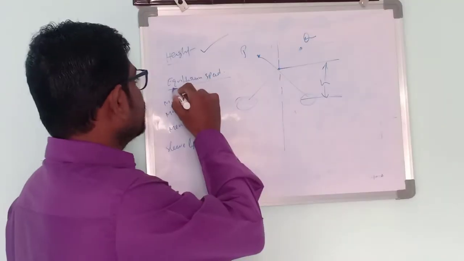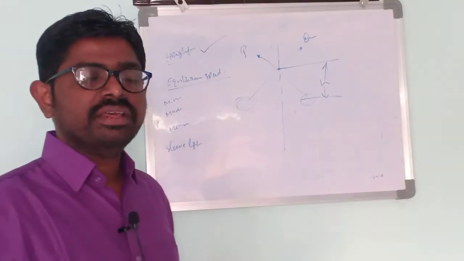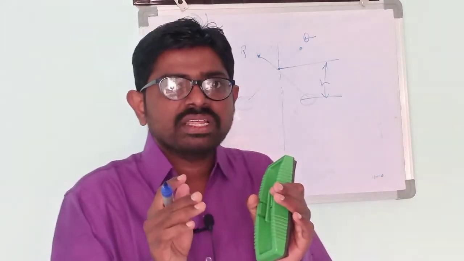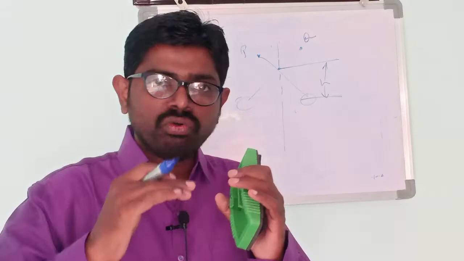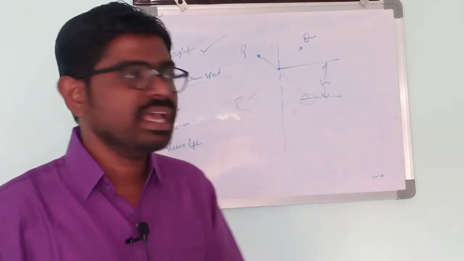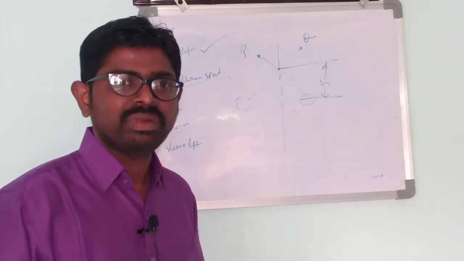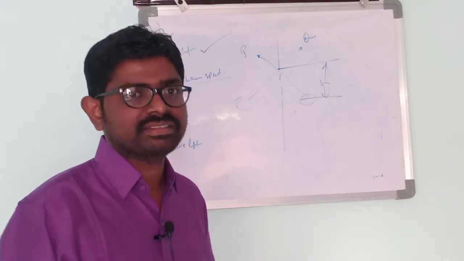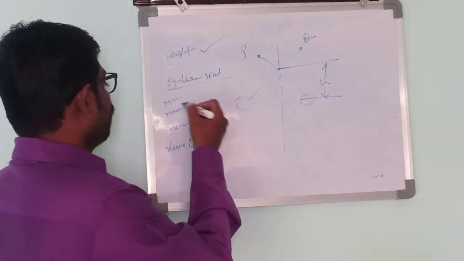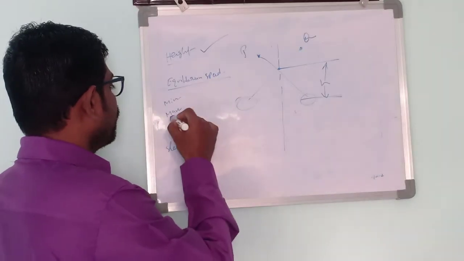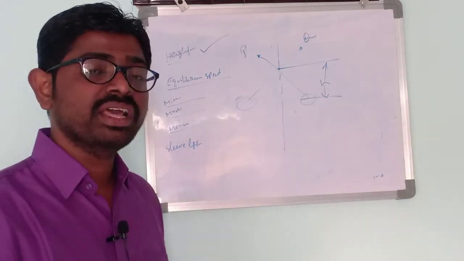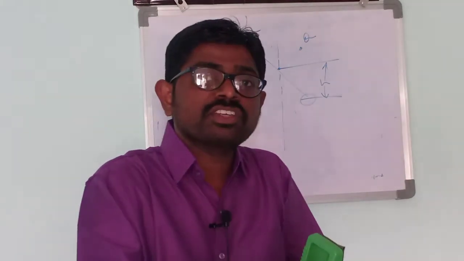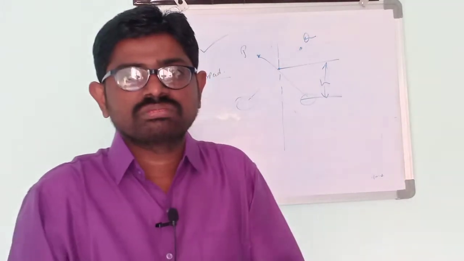So at the speed at which the sleeve does not tend to move upward or downward, that speed we call the equilibrium speed. But equilibrium speed is not constant. We may have a mean equilibrium speed, a maximum equilibrium speed and a minimum equilibrium speed, and there are many equilibrium speeds in between these.